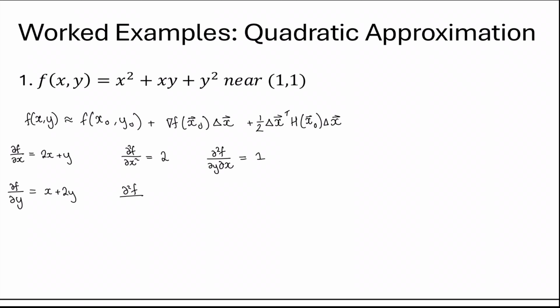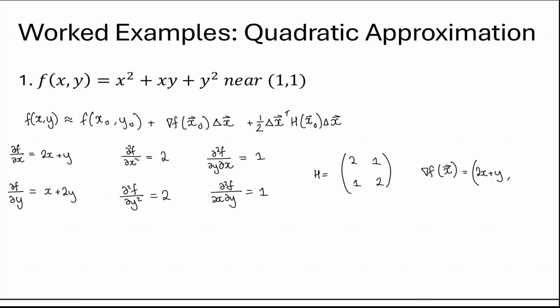Again, if we now differentiate this function with respect to y again, we just get 2. And if we differentiate it with respect to x, we just get 1. So our Hessian becomes 2, 1, 1, 2, and this is a symmetric matrix. And then our gradient of the function is just (2x plus y, x plus 2y).